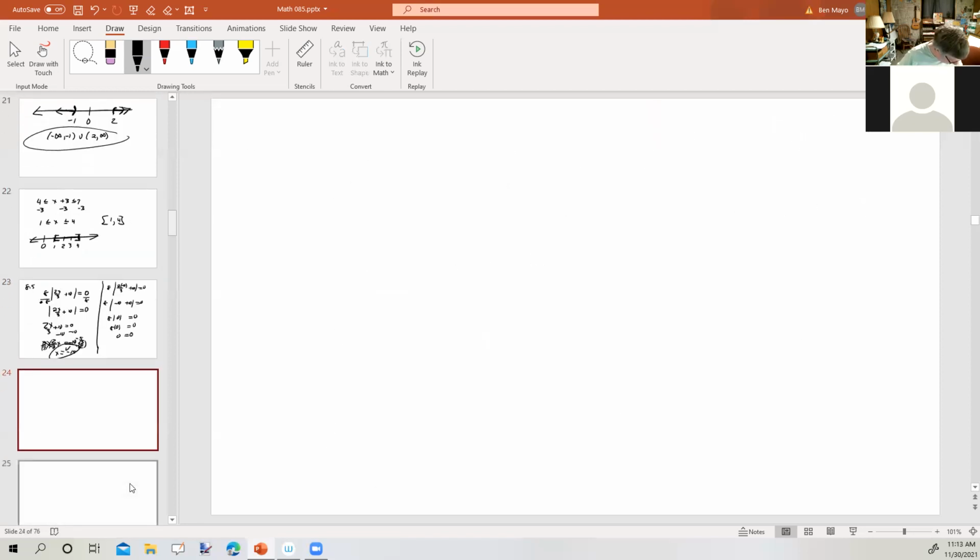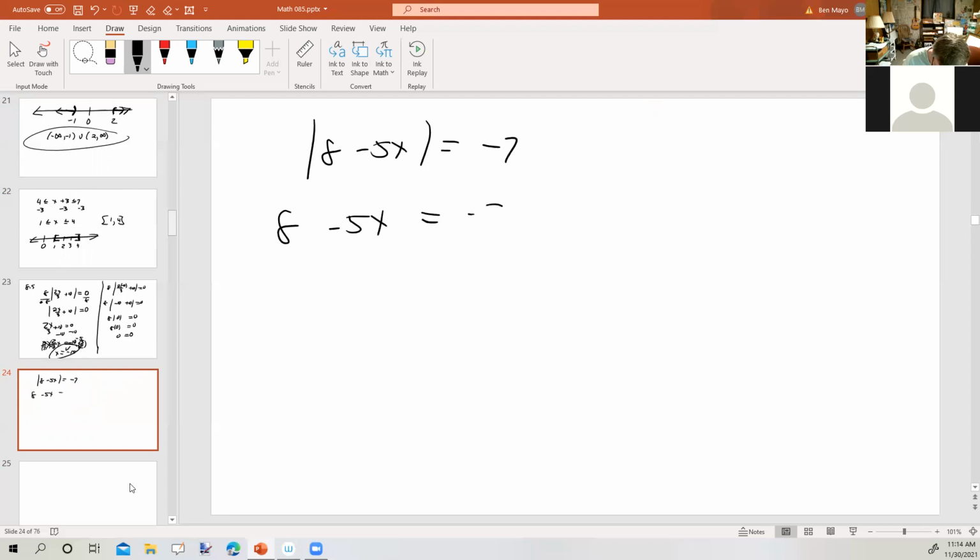If you've got an absolute value equal to a negative number, then you're going to have this, or the opposite, equal to the opposite of it. But recall an absolute value can't be negative.